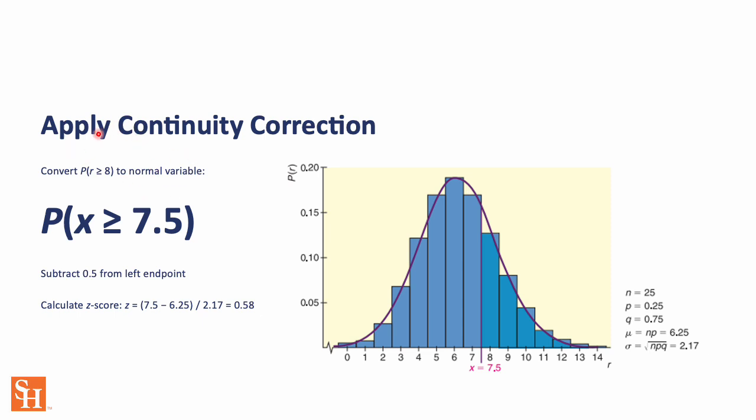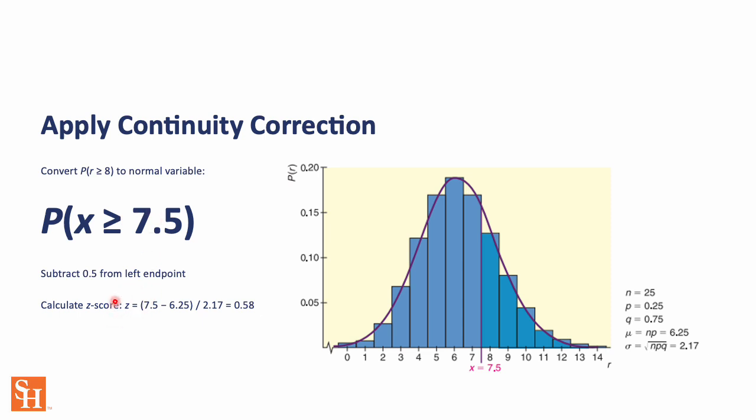Therefore, our original probability was the probability that R is greater than or equal to 8, which was a binomial distribution, right? Now, if we convert that for the continuous distribution, our problem is the probability that X will be greater than or equal to 7.5, after the continuity correction. Now we have to find the z value associated with the 7.5 raw score.